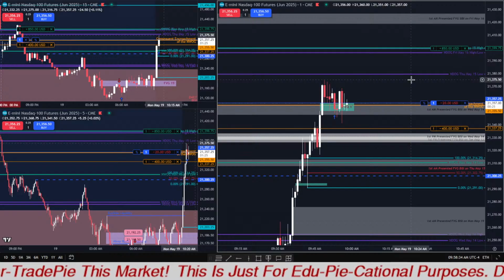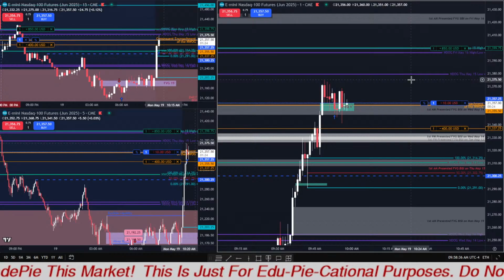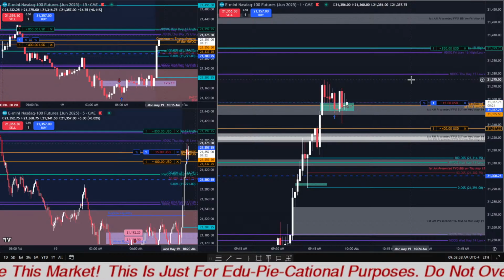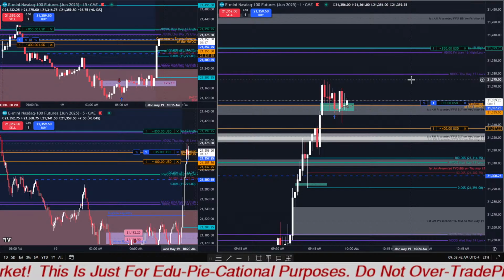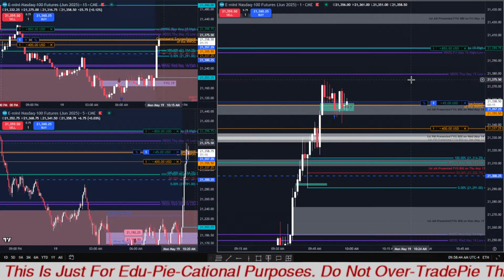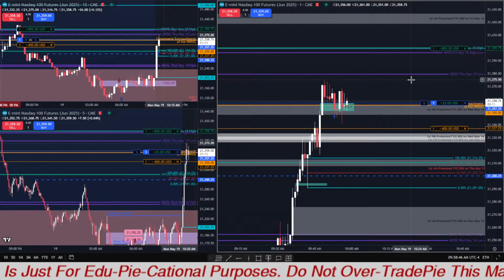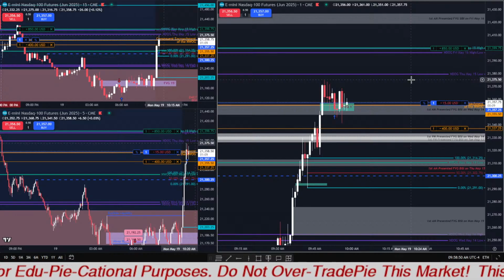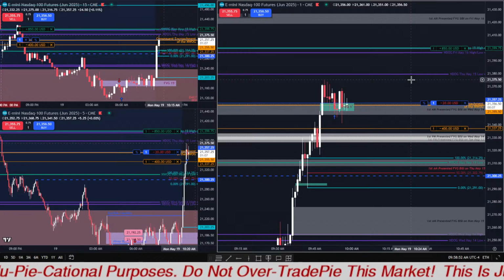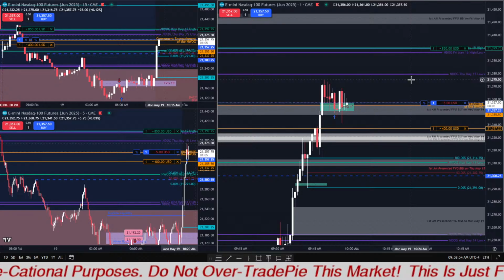It is completely normal to have this type of consolidation around the midpoint of the new week opening gap, so we are expecting this. As long as the bodies of the candles are respecting that 1 minute fair value gap, there is nothing to worry about.